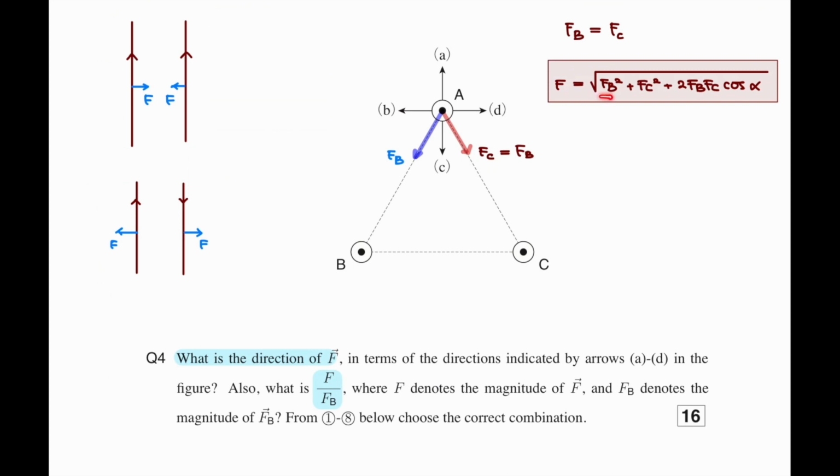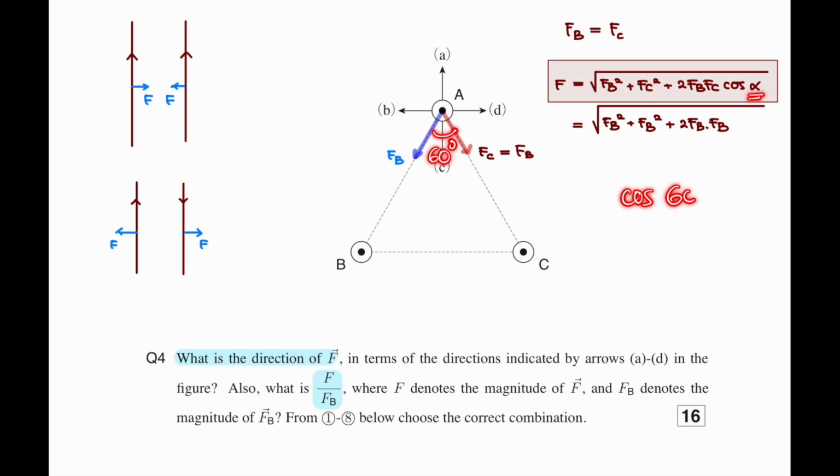Since FB is equal to FC, I can write FC as FB. So I will get the square root of FB squared plus FB squared plus 2 times FB times FB times cos alpha. As you know, since we have an equilateral triangle, alpha is equal to 60 degrees.